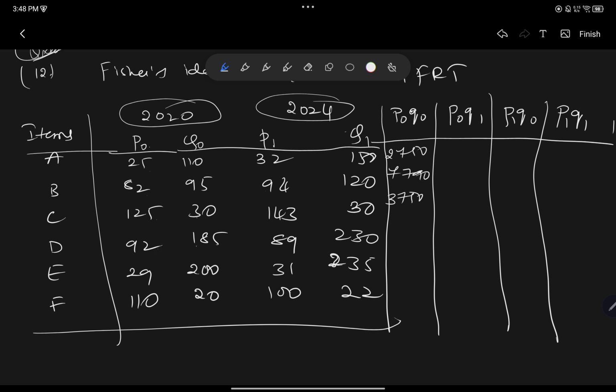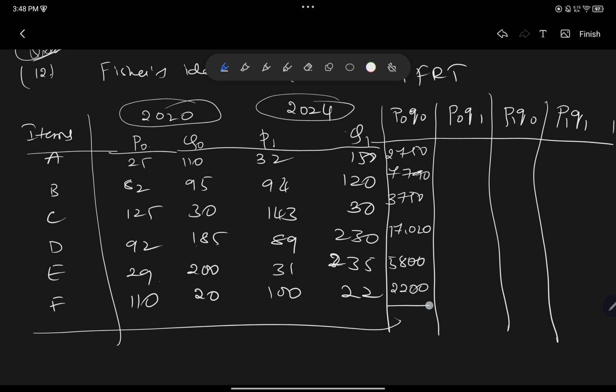Next 92 into 185 is 17020. Next 29 into 200 is 5800. Next 110 into 20 is 2200.